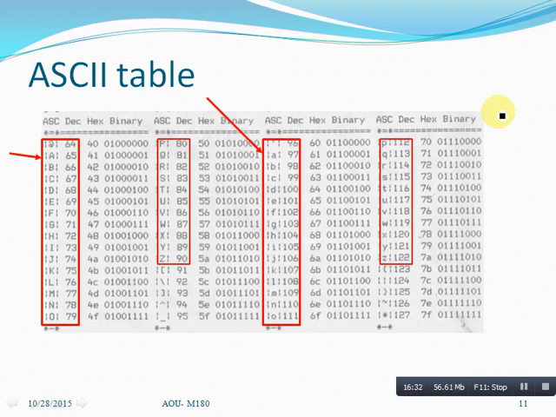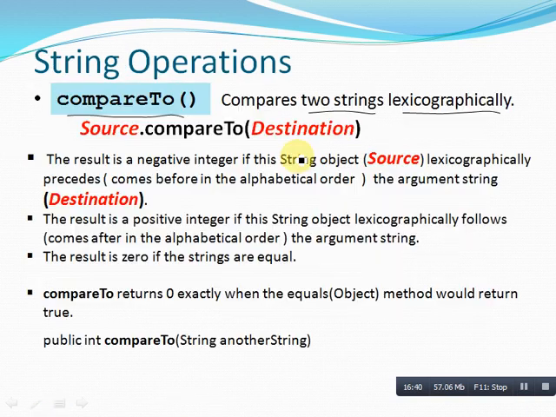For A the value is 65, and for small a the value is 97. Lexicographically means checking the string character by character, whether they are equal, or whether the character of the source string is coming first or the character of the destination string is coming first.